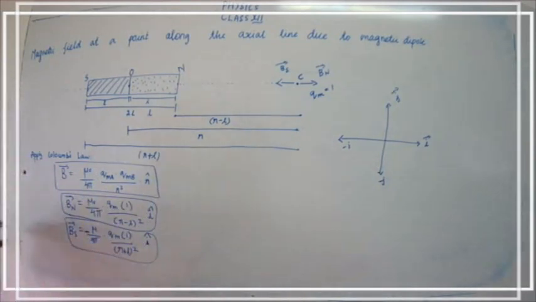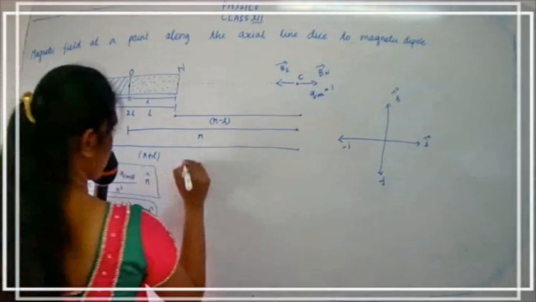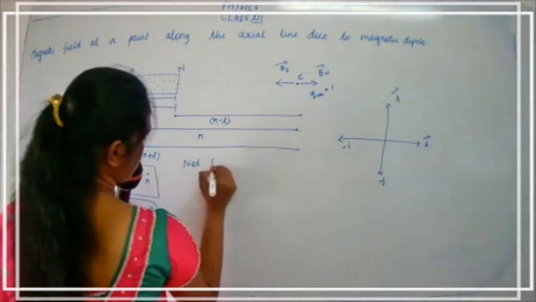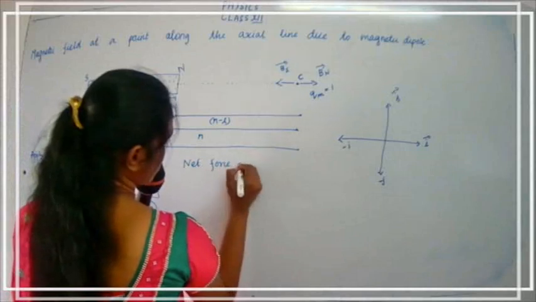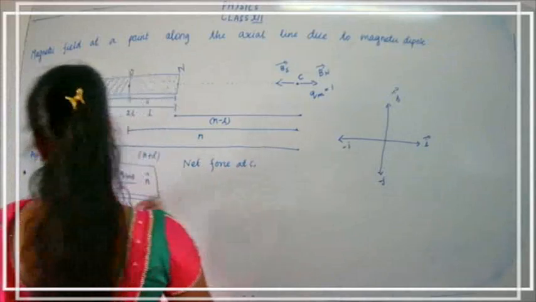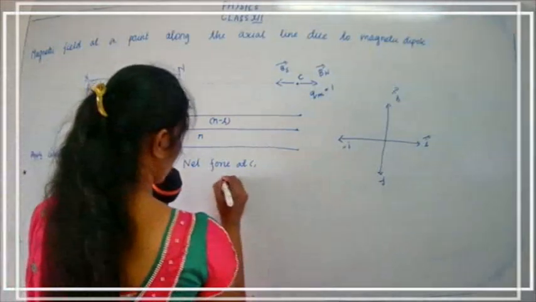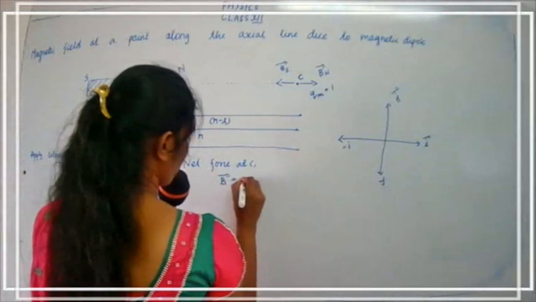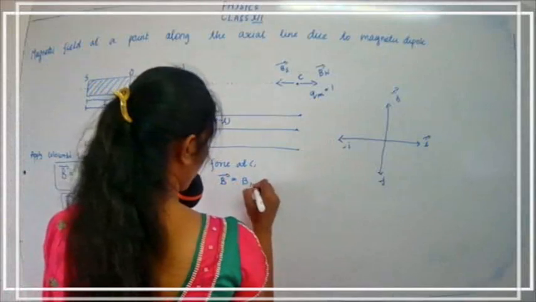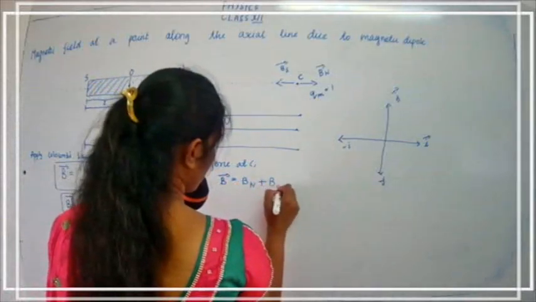Now here we found Bn and Bs. Now the net field at C, that is B equal to Bn plus Bs.